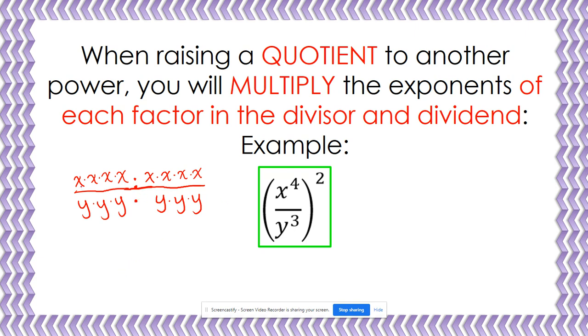What this means is that if I look in my numerator, I have 8 x's, or x to the 8th power. And in my denominator, I have 6 y's, or y to the 6th power. I can get that by looking in here and saying, okay, I have a power raised to another power, so I'm going to do 4 times 2 to get x to the 8th. And for this one, I have 3 raised to the 2nd power, so I'm going to do this 3 times this 2 to get y to the 6th.